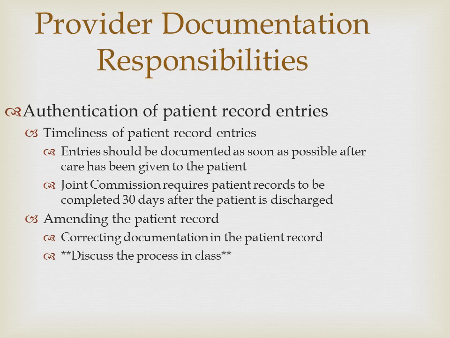And then once you give a documentable reason for the error, now you want to actually give the corrected information. So the last step, you would enter the correct information, and you want to write this as close to the original information as possible.